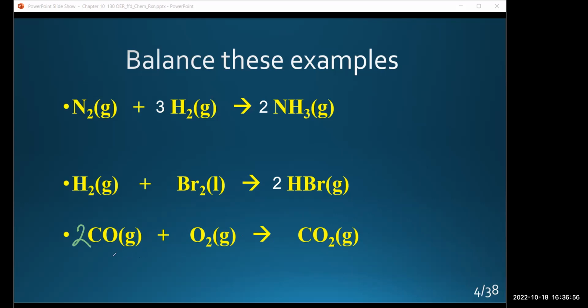And that gives us a total of 4 oxygens on the left-hand side. Well, to do that, we need to balance that, we need to put a 2 in front of carbon dioxide. That means that now we've got 4 oxygens total on the right-hand side. By putting that 2 in front of CO, it also kicked up my carbon, and so it looks like we are balanced there.